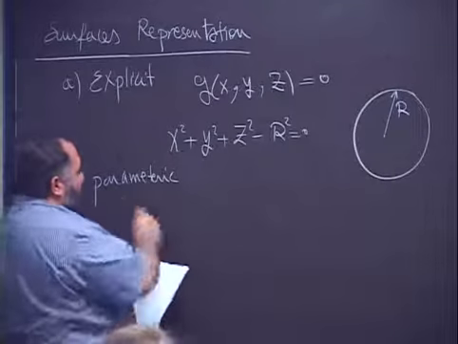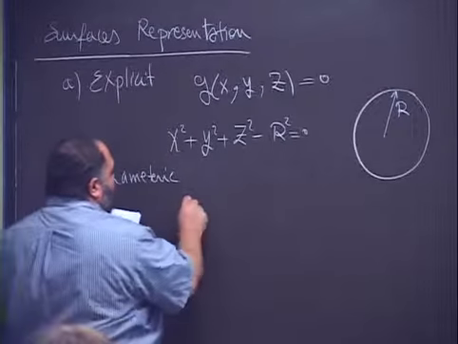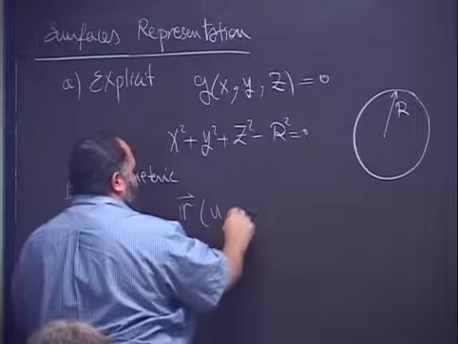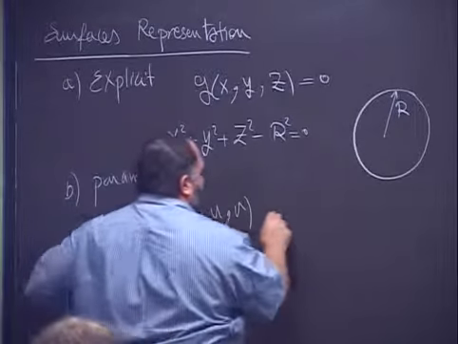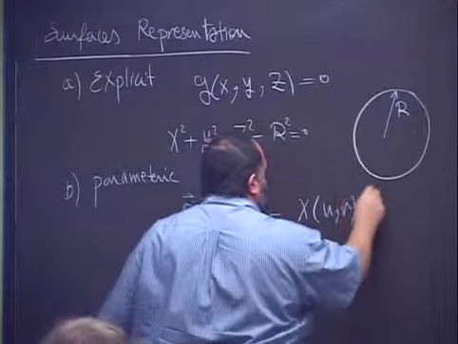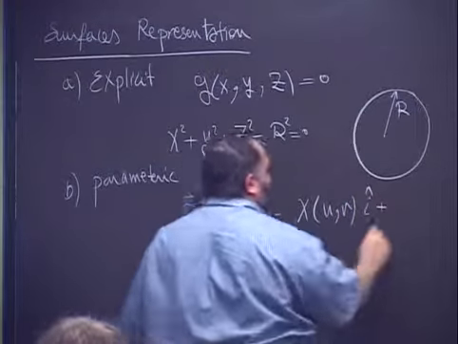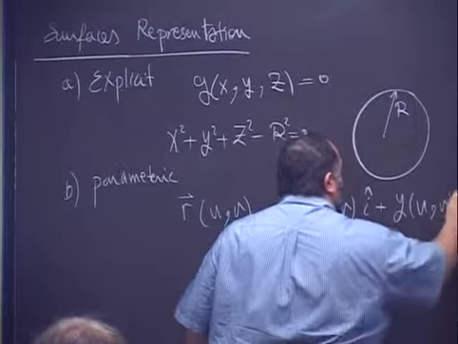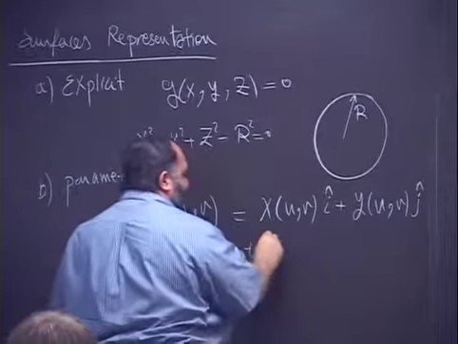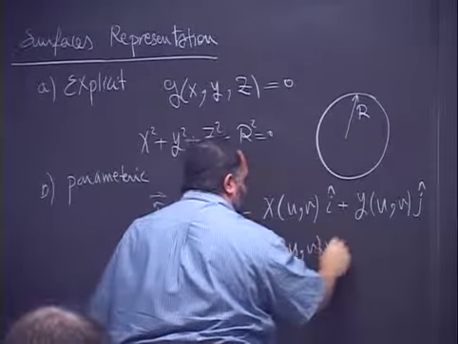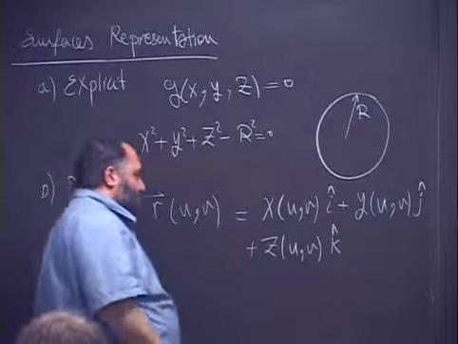So in the parametric representation, you have a vector r as a function of two parameters, u and v, where x is a function of those two parameters in the i direction, y is a function of those two parameters in the j direction, and z is also a function of the two parameters in the k direction.